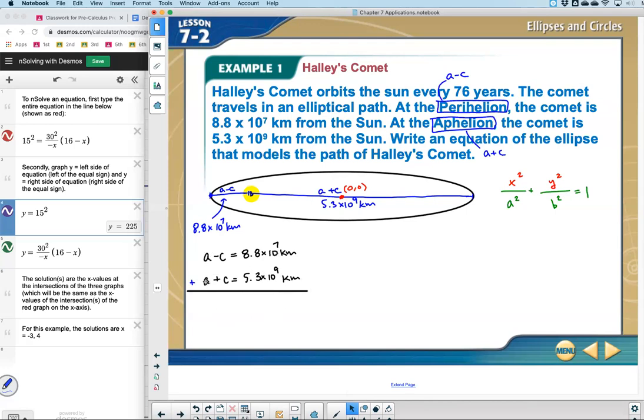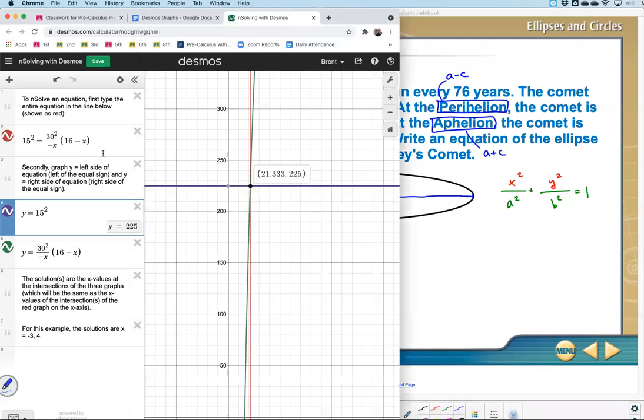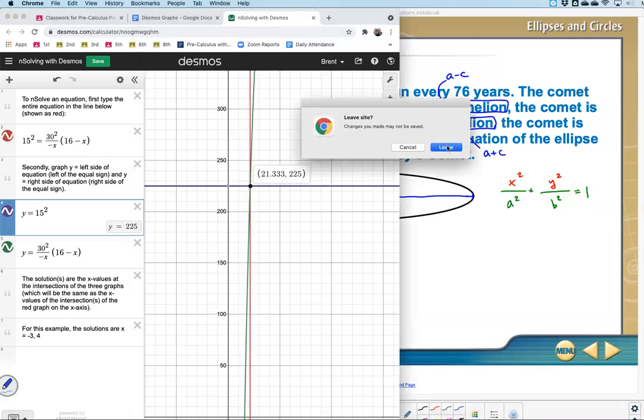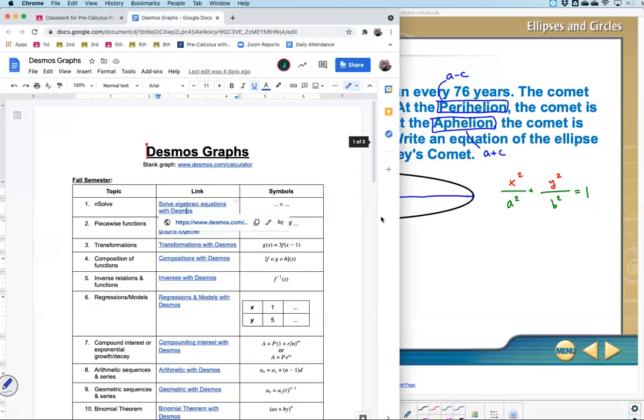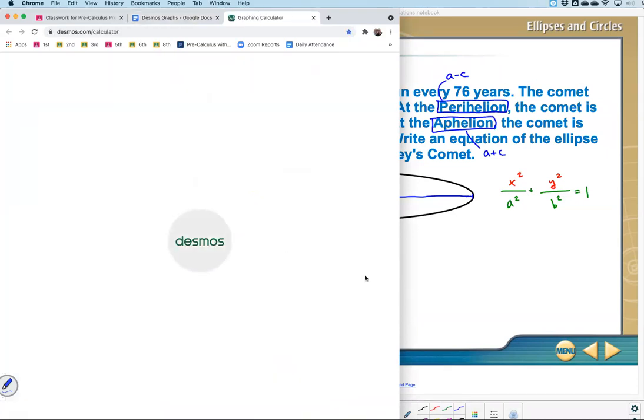So here I would have 1a plus another a. How many a's do I have? 2a. I have negative c and a positive c. They cancel, they simplify, and we need to add this value. So now what I'm going to do is get a blank graph from Desmos. So I'm on my sheet, and I'm just clicking this blank graph right there.